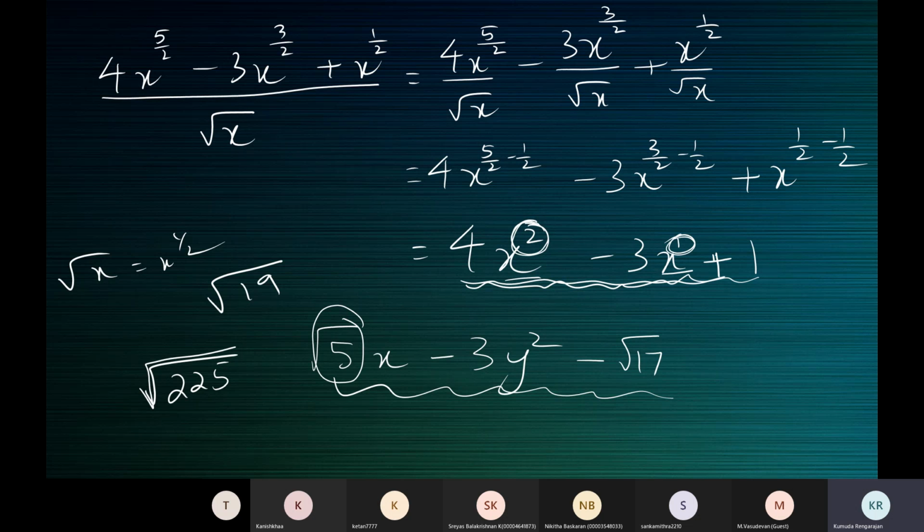The coefficient of y square is 3 or minus 3. That's fine. What is the power of x? 1. Is it a whole number? Yes. What is the power of the variable y? 2. Is it a whole number? Yes. So both the variables x and y are raised to whole numbers as their powers, and hence the given expression is a polynomial.